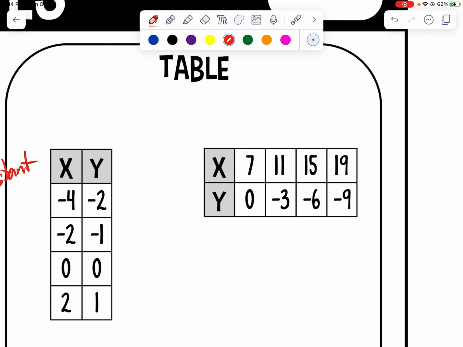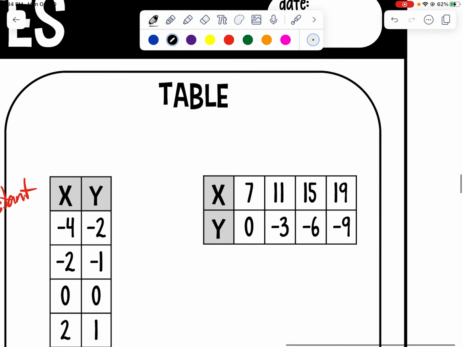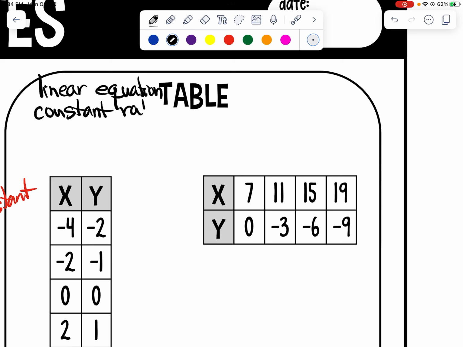Okay, so now a table. Now make sure that if it's going to be a linear equation, it must have a constant rate of change.